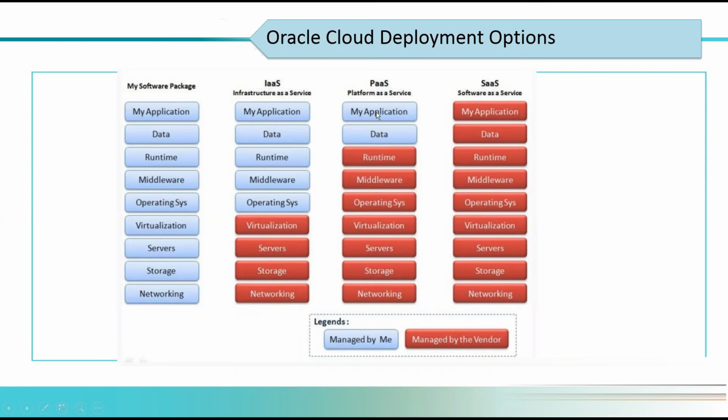That means if Oracle applies patches to the application and anything happens to your custom application or custom database, you are solely responsible because you are maintaining it. Oracle won't take the responsibility. They will take responsibility if anything happens to middleware or the physical infrastructure, but at the application and database level, it's your responsibility to manage because you are using the Oracle platform to manage your application data, right? So you are responsible for it. That is managed by me.